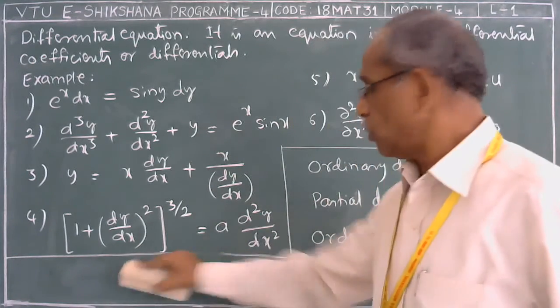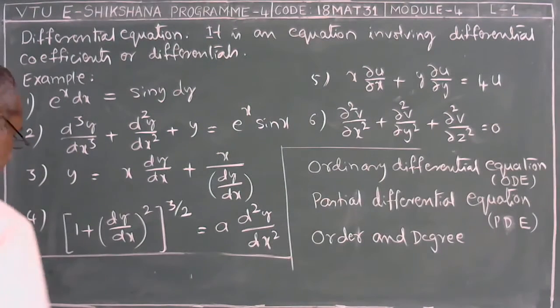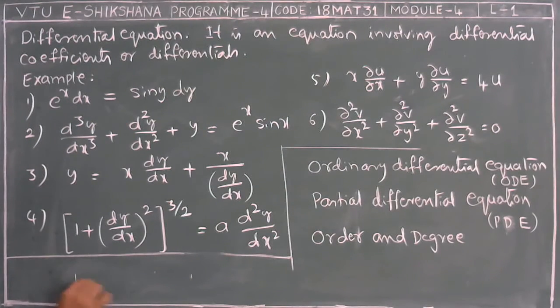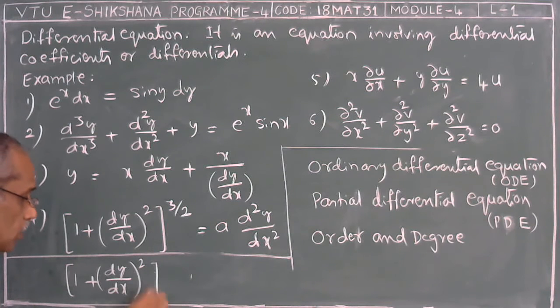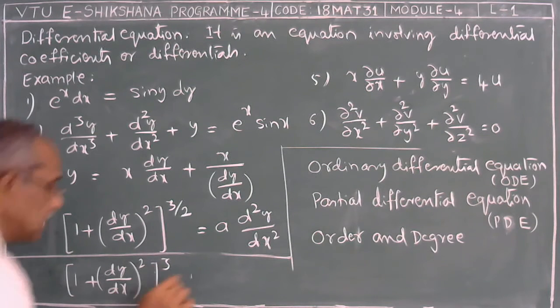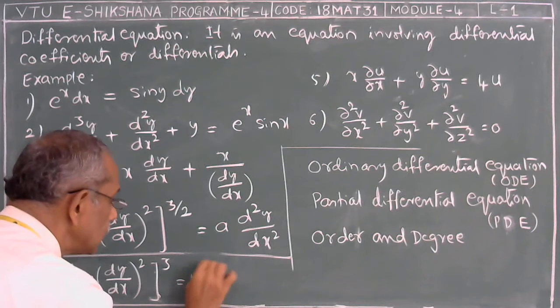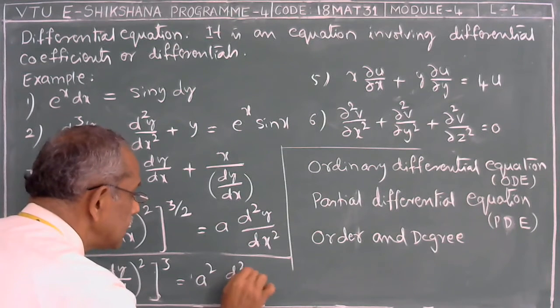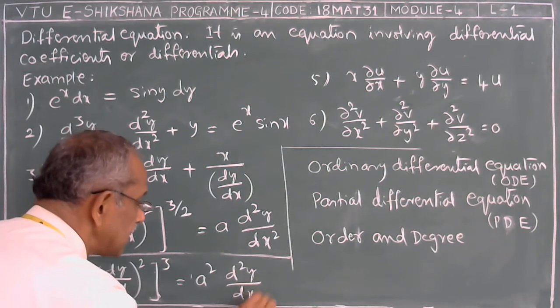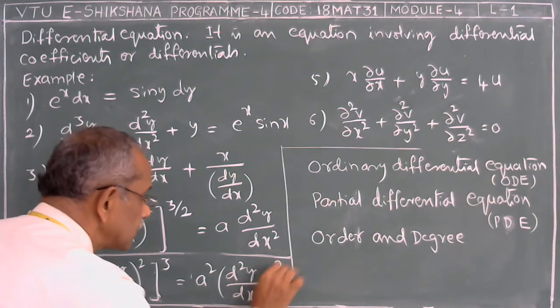Similarly, example 4 contains a square root radical, so that has to be removed to judge its degree. Squaring both sides, 4 can be written as 1 plus dy by dx whole square raised to the power 3 whole cube is equal to a square d square y by dx square whole square.